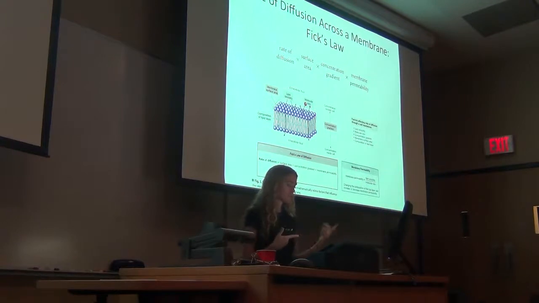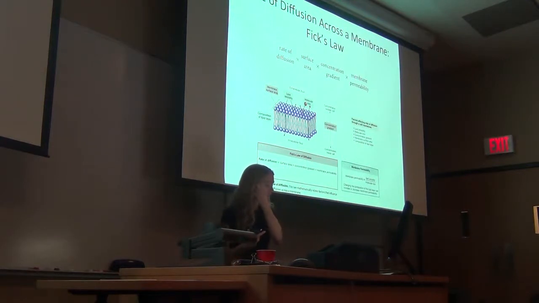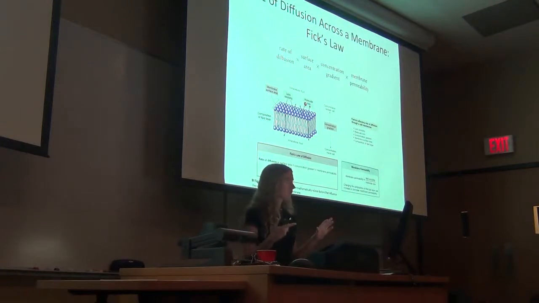That includes the size of the diffusing molecules, the shape of those diffusing molecules, the lipid solubility of those molecules in the bilayer. And we already mentioned a little bit, one of the questions touched on the composition of that lipid bilayer.